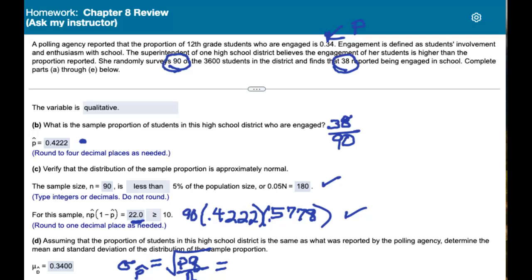So we're multiplying 0.34 times 0.66 and then dividing that by the sample size, which in this case is still 90. And that's where we get our answer for our standard deviation. That's the next part of that problem.